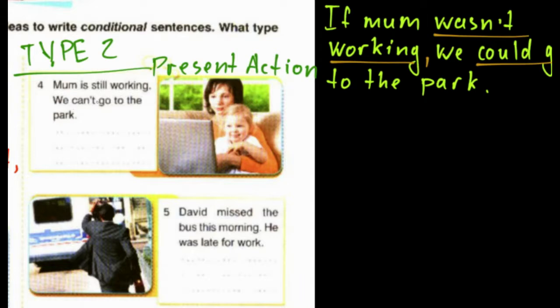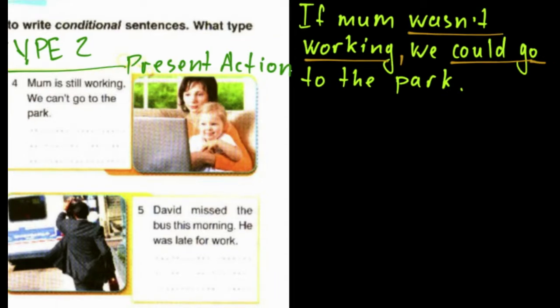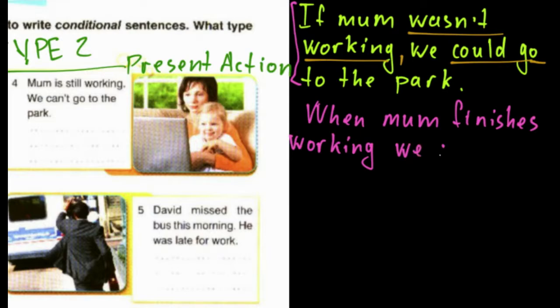We will not go to the park, but just for fun, let's make another sentence here. Let's make a sentence in type 1. Of course, it will not be the answer, because the answer is here. It is my answer here. But, just for fun, when mom finishes working, we can, or we will, go to the park. This thing is also possible here.